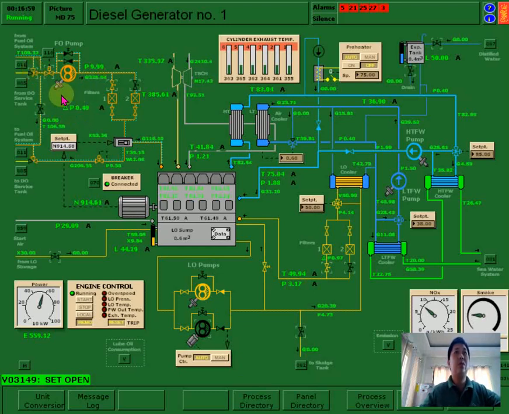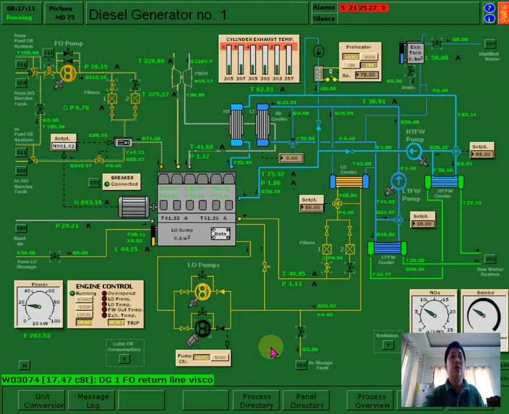So now there's pressure. The temperature of your fuel oil is increasing. We will wait until it arrives at 120, or between 100 to 120.